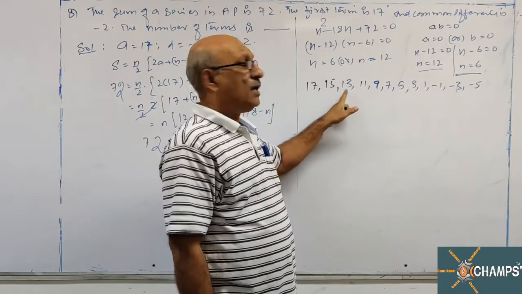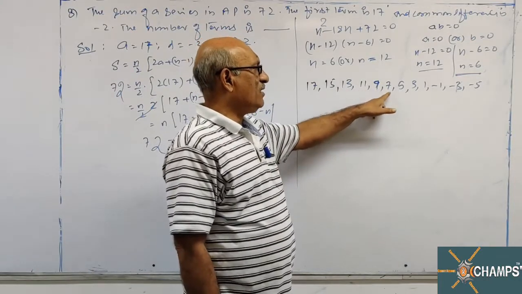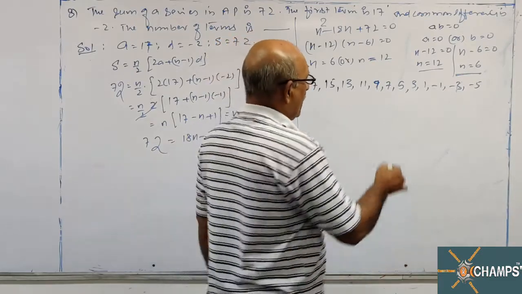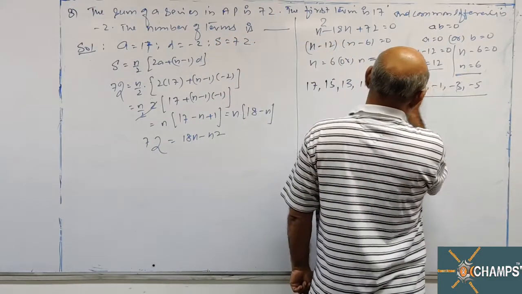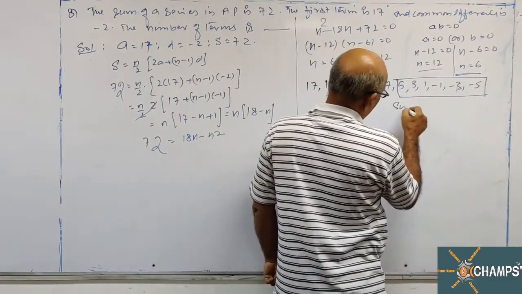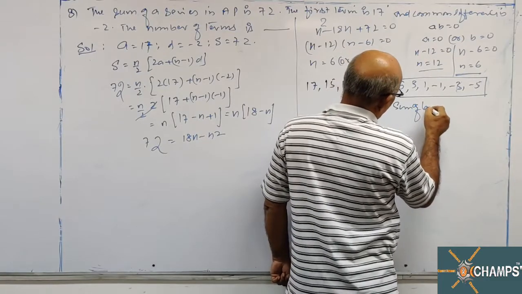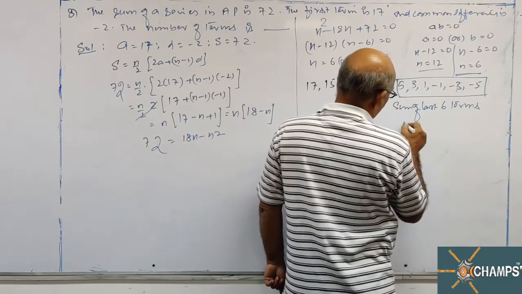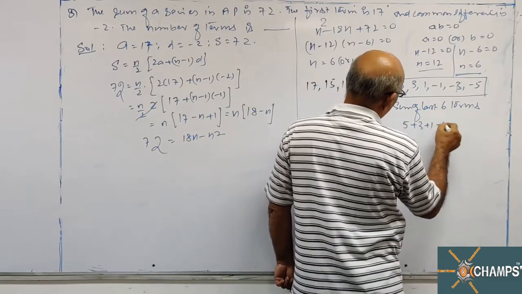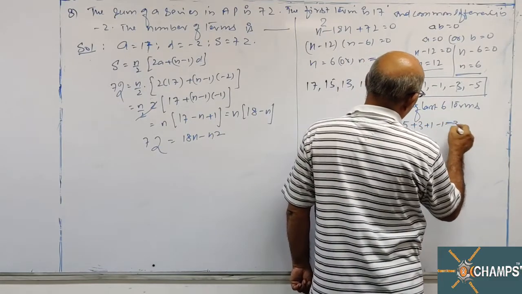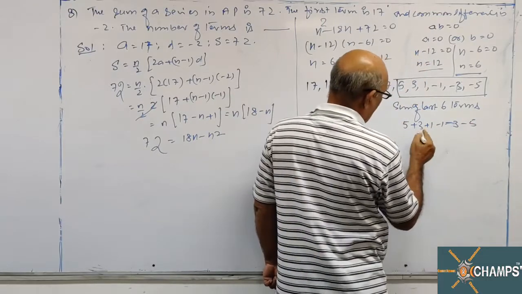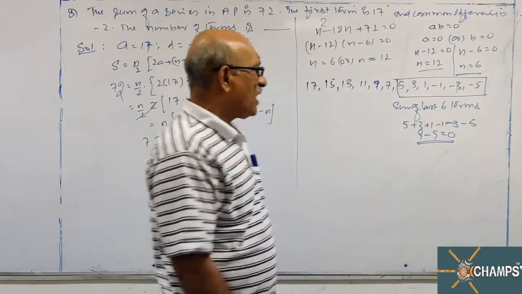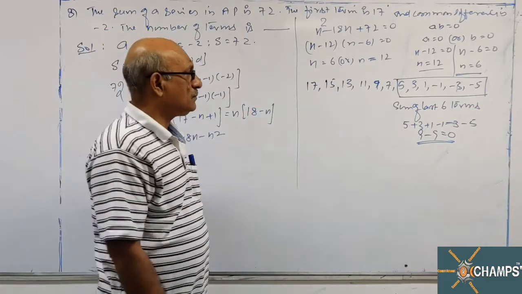17, 15, 13, 11, 9, 7, 5, 3, 1, minus 1, minus 3, minus 5. Look at the sum of the last 6 terms: 5 plus 3 plus 1, minus 1, minus 3, minus 5. 9 minus 9, 0. Sum of last 6 terms is 0.